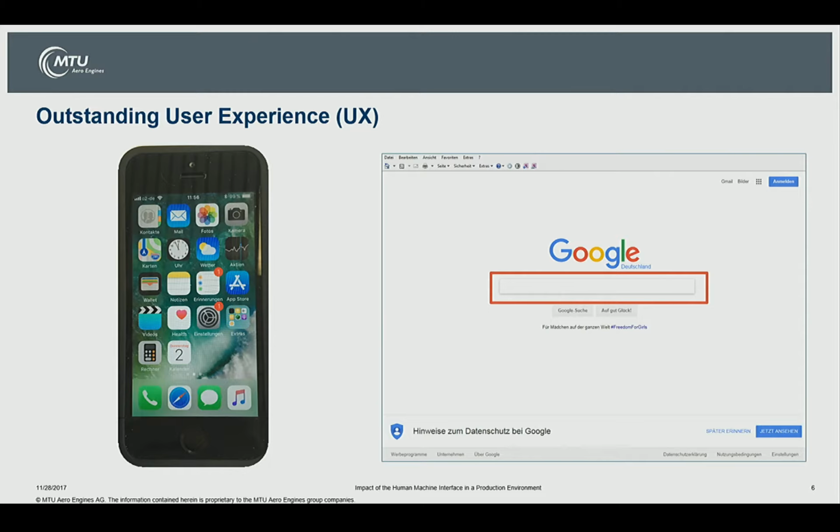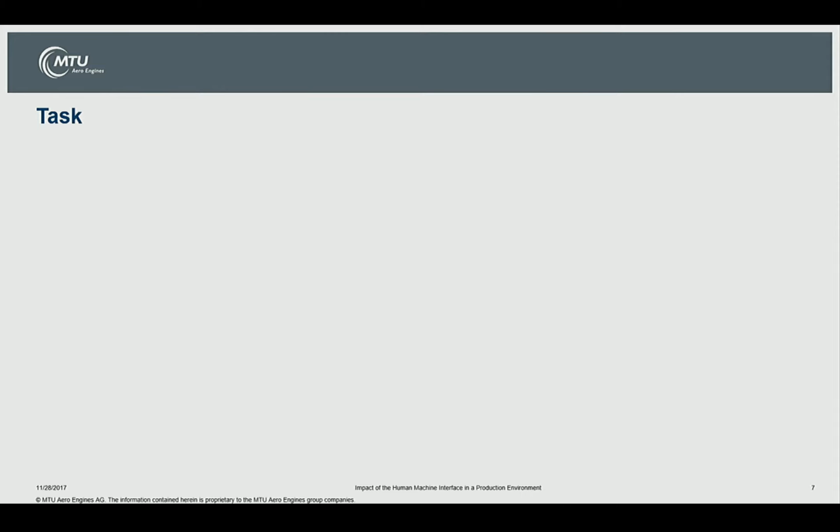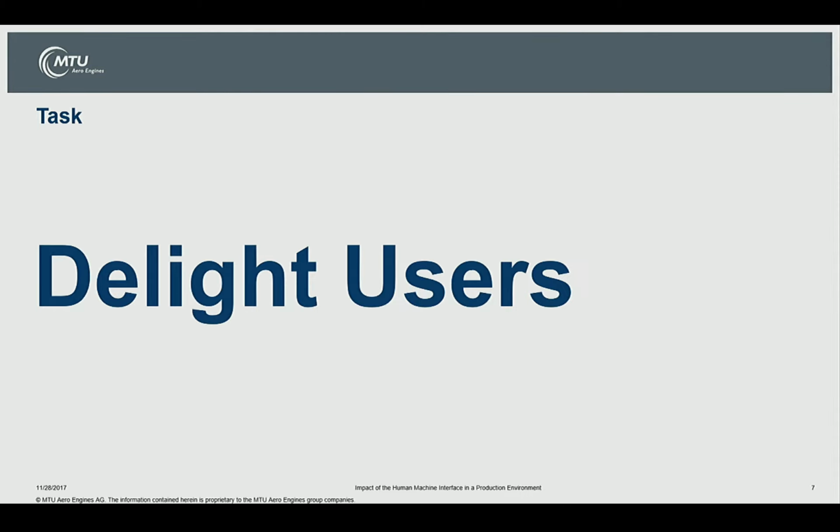The rest of my presentation is about that interaction, the beneficial and effective interaction between technology, systems, and users, workforce. So what is the task? The task is to delight users. The human-machine interface has to provide the required functionality in such a way that people, workforce, are performing in the right way. That's the key topic.